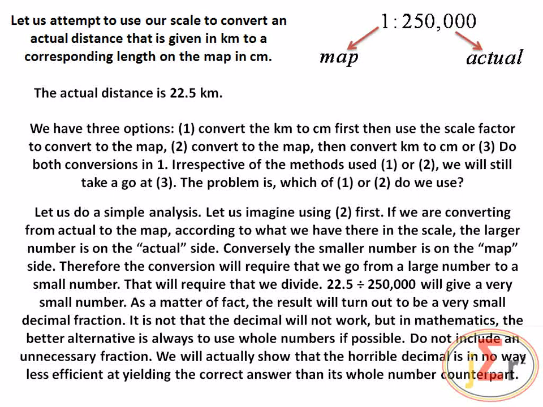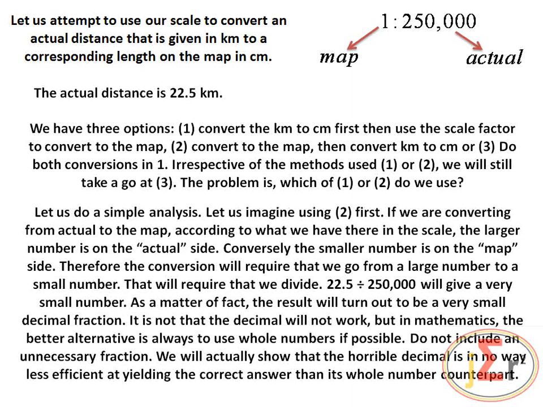If we are converting from actual to the map, according to what we have there in the scale, the larger number is on the actual side. So from actual to map, the larger figure is on the actual side. Conversely, the smaller number is on the map side.